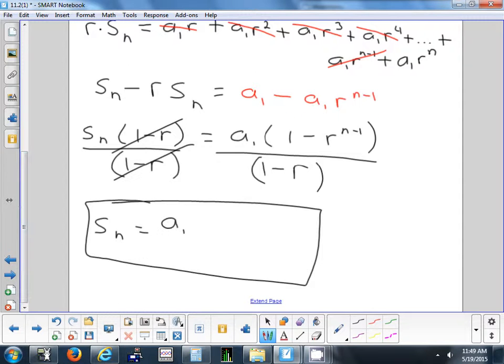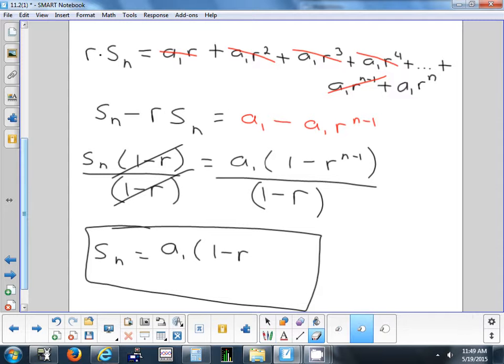Take the first term, multiply by 1 minus r to the, one small fix. We crossed out n minus 1. The term that's left is r to the n. That's important.